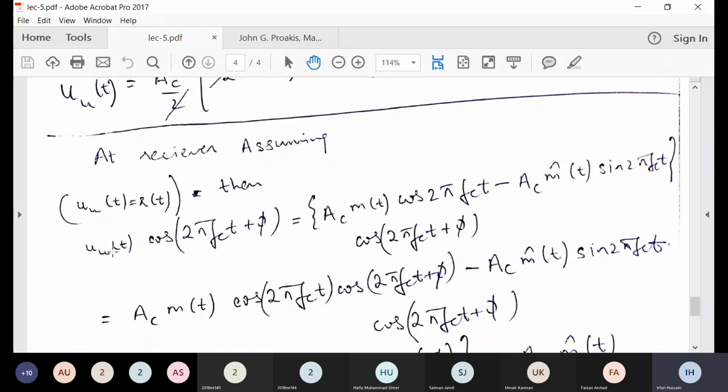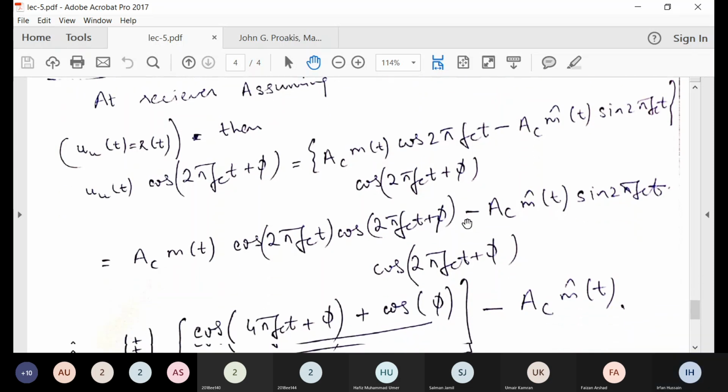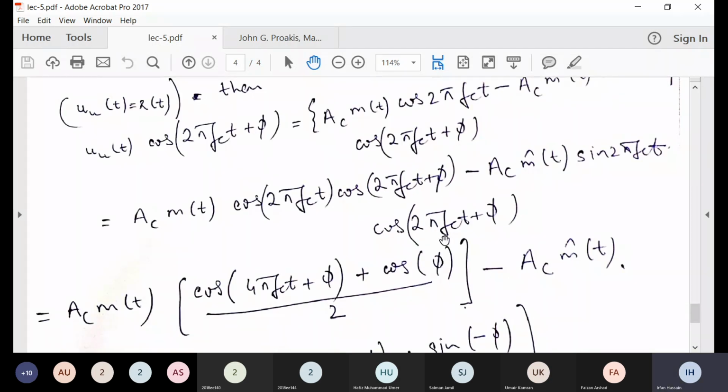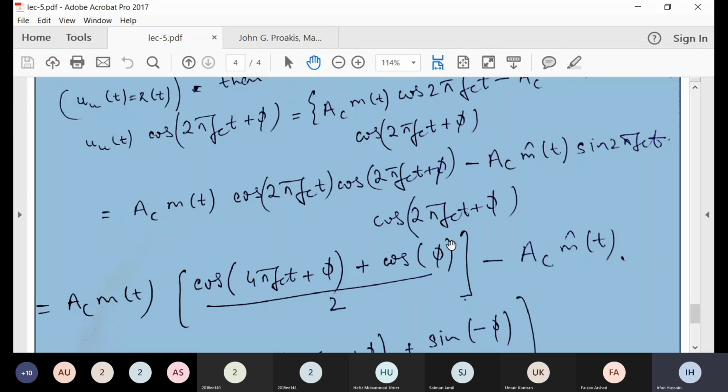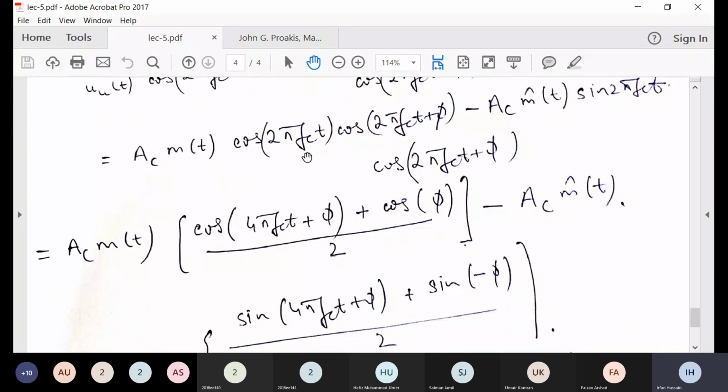What happens? You have an upper signal. U of t is the received signal, so we are sending an upper sideband. It is multiplied with a locally generated cosine. So this is your upper, with a minus, the Hilbert sine term as we discussed in the last lecture, multiplied with this locally generated cosine. Multiplication will give a cosine with both the terms. I can apply the sum-angle formula because this is a product.